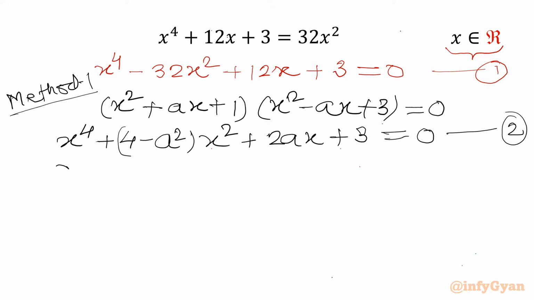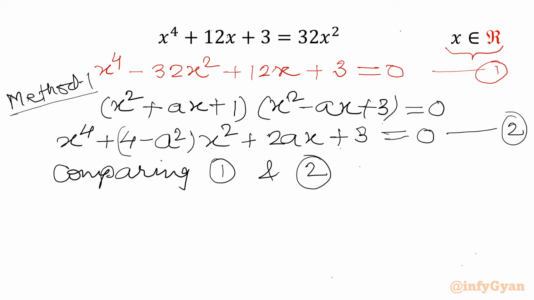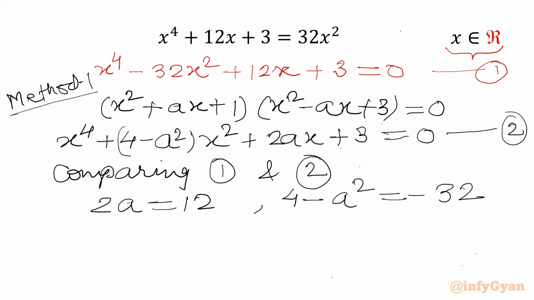Comparing equation 1 and equation 2, the right hand side is 0, and on the left hand side we will equate the coefficient of x^2 and the coefficient of x. If I compare the coefficient of x, then 2a = 12. And if I compare the coefficient of x^2, then 4 - a^2 = -32.